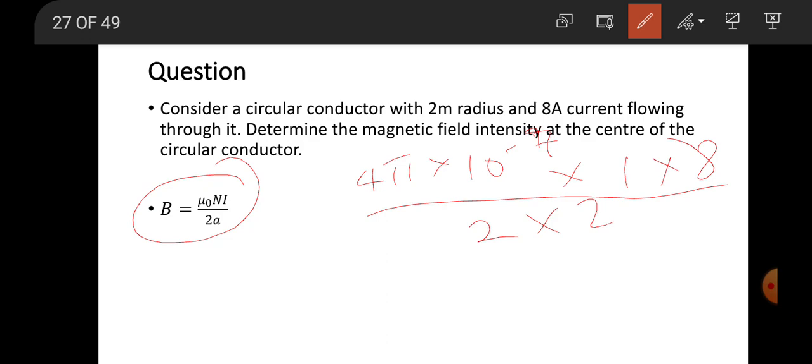So that will give us 2.5 times 10 raised to the power minus 6 Tesla. Okay.